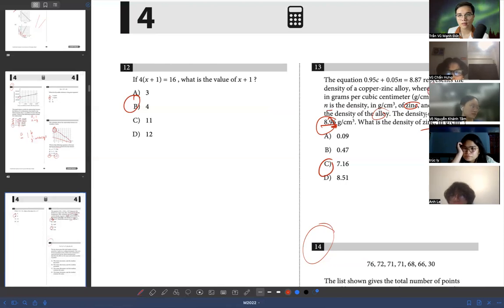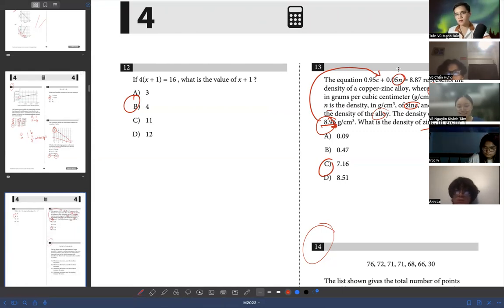Look, let's see. I did 8.96 times 0.95. Yes, you just plug 8.96 into C in place of C, and you find N. And that's, let me calculate them. 5 times 7.16.